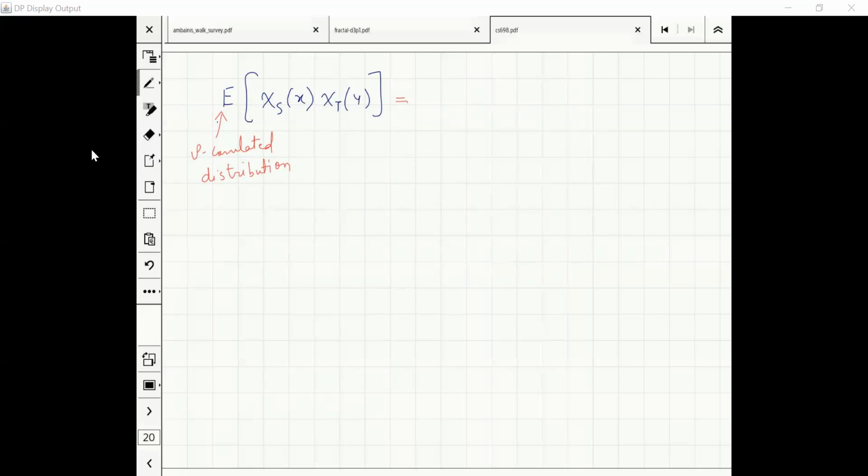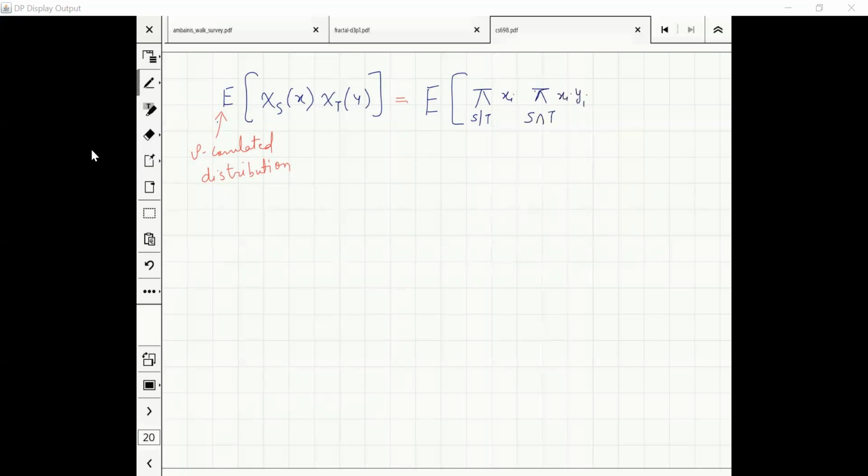Can we break it down? For S intersection T, it would be chi of S intersection T of x, y. Correct. And other than that, it would be just either x or just y.